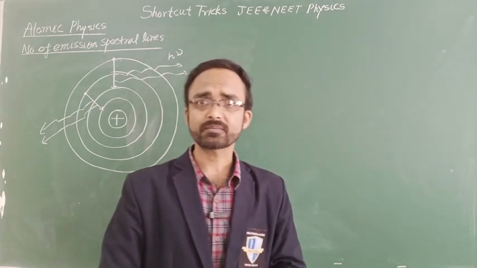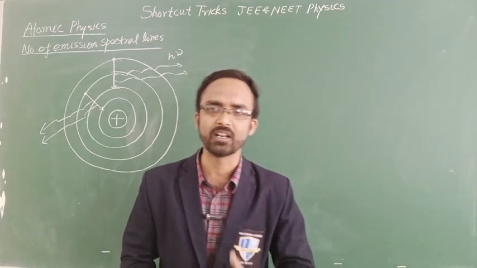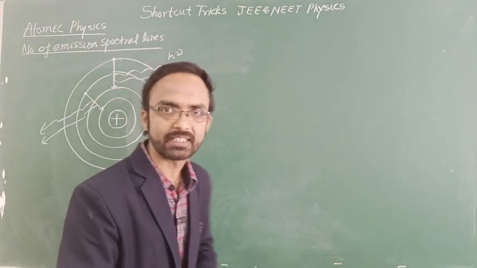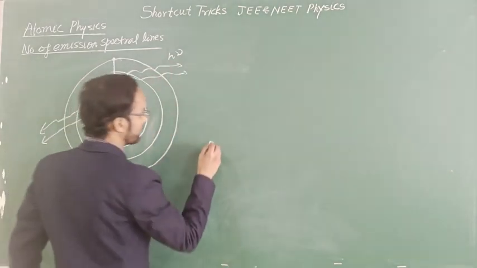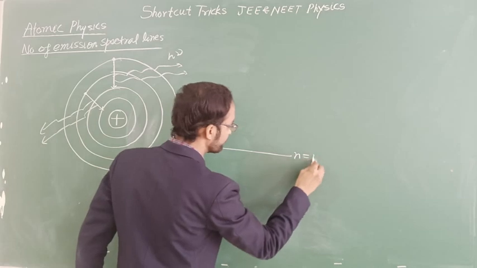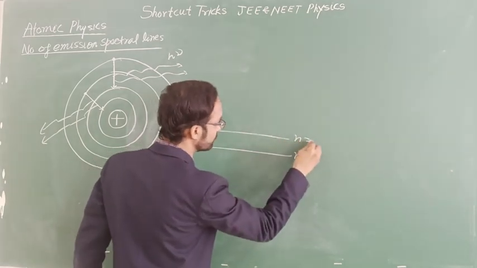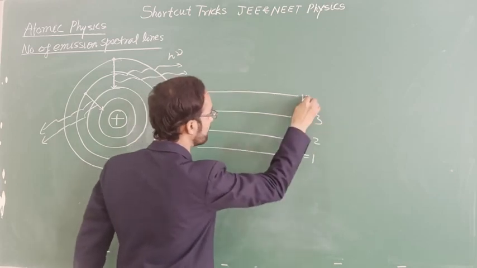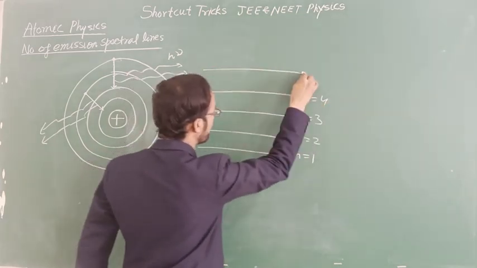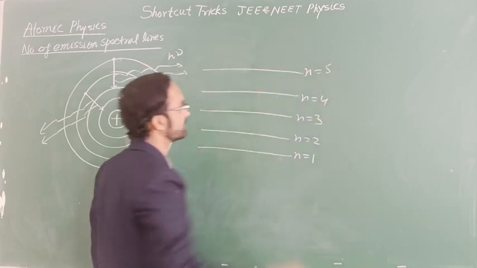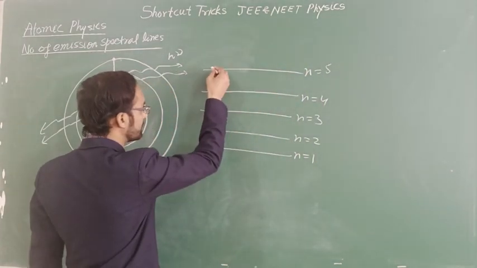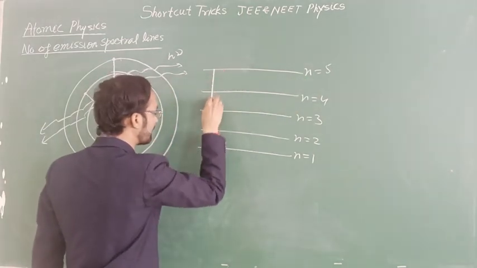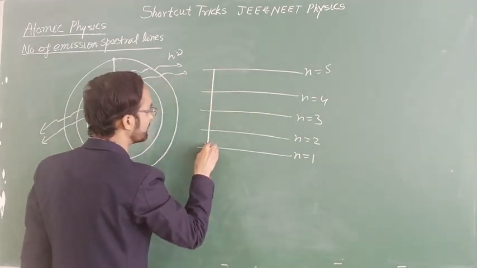Okay, and now the number of spectral lines, how we can find? Suppose we draw the energy level diagram, suppose this is n equals to 1, this is n equals to 2, n equals to 3, n equals to 4, n equals to 5, like this. Suppose electron from higher energy state n equals to 5 comes to n equals to 1, this is one possibility.